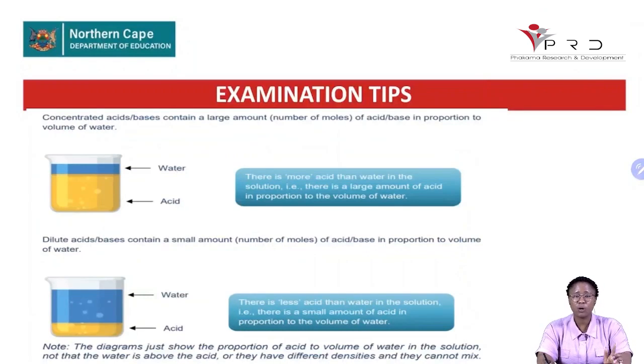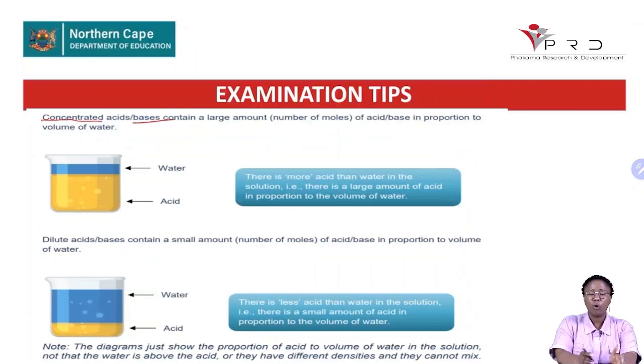Another exam tip that I want to give you is the differences between concentrated and diluted. All right, if you can master the different types of acids, strong acids, weak acids, or strong bases, weak bases, if you have mastered the names of those different types of acids and bases, the next thing that you must master is understanding what the word concentrated means and what the word diluted means.